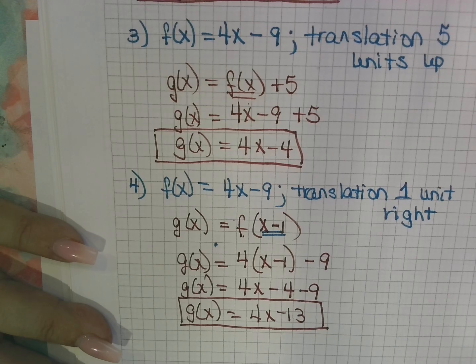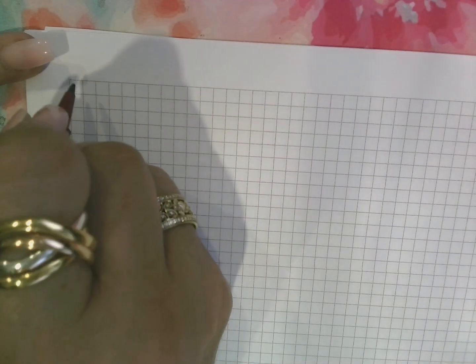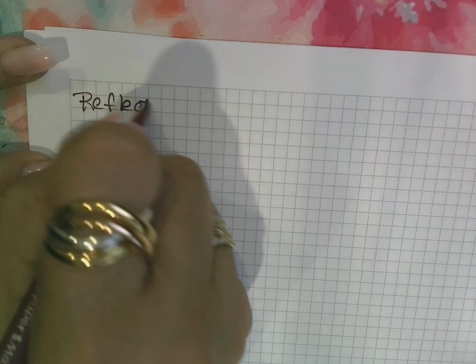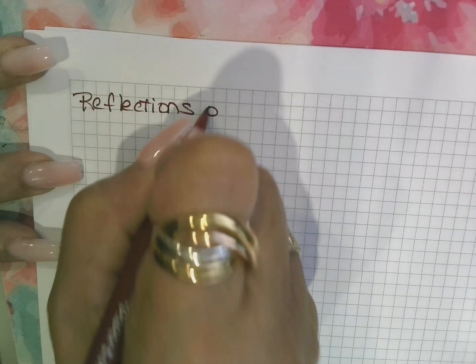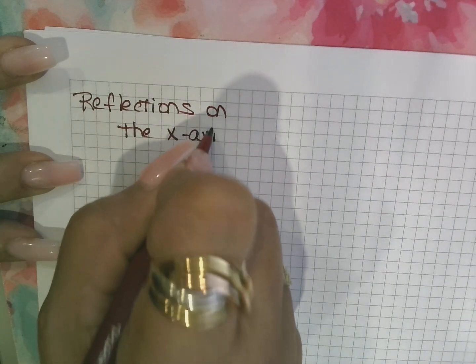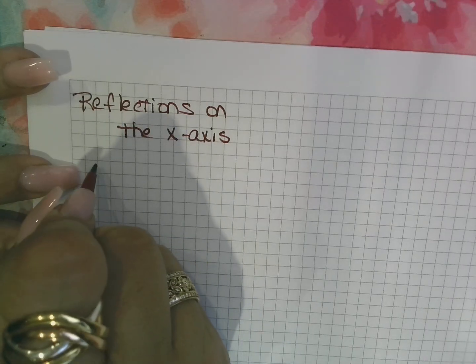All right, now we're going to take a quick look at reflections, when they occur over the x-axis and when they occur over the y-axis. So, reflections on the x-axis look like this.